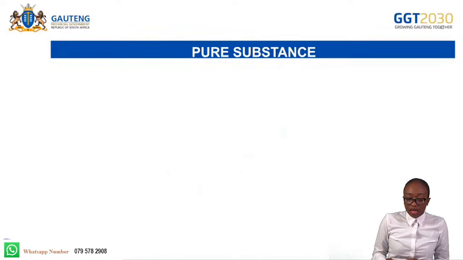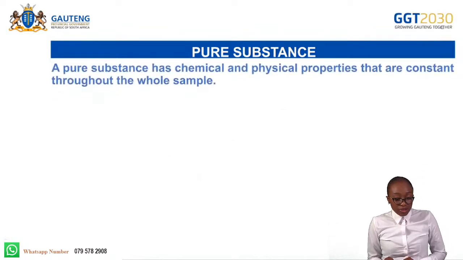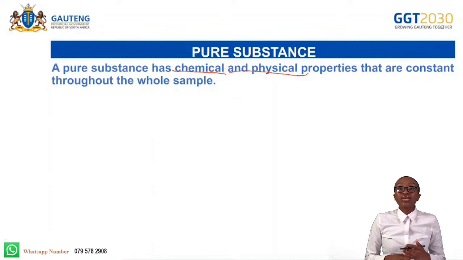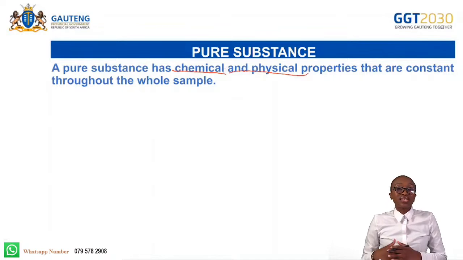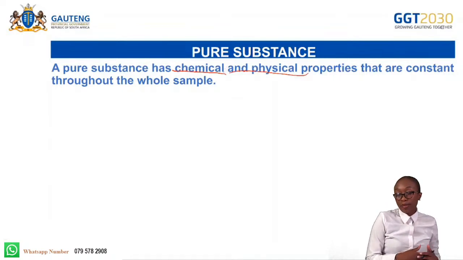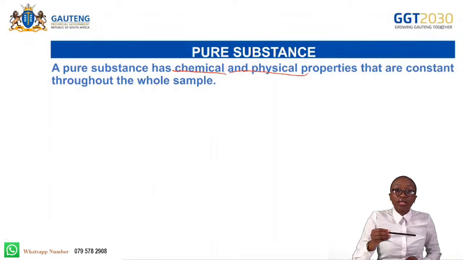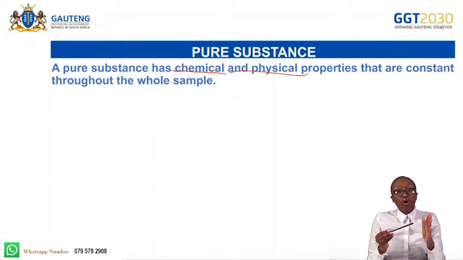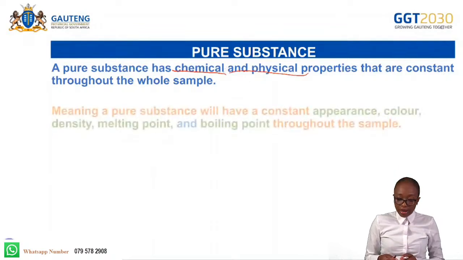Okay. Now, a pure substance has chemical and physical properties that are constant throughout the whole entire sample. So if this pen is a pure substance, then its chemical properties and its physical properties are constant throughout the entire pen.